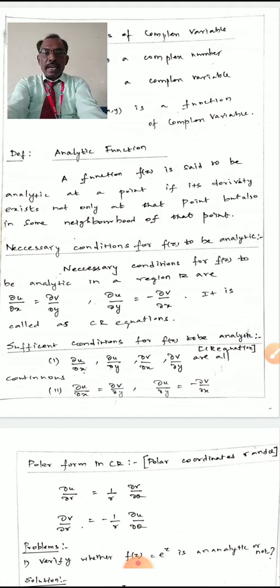Definition of analytic: a function f of z is said to be analytic at a point if its derivative exists not only at that point but also in some neighborhood of that point.